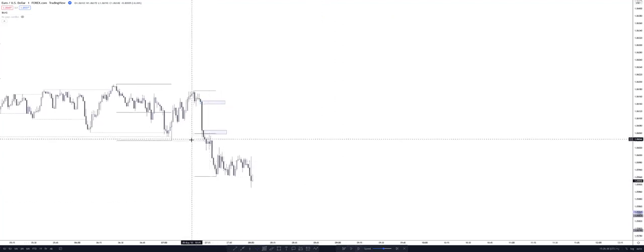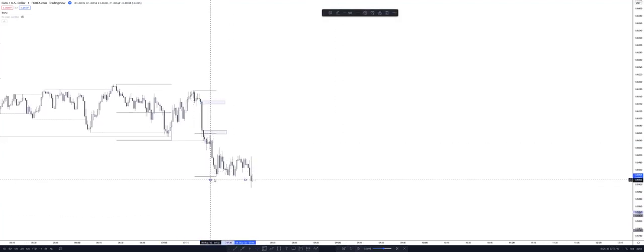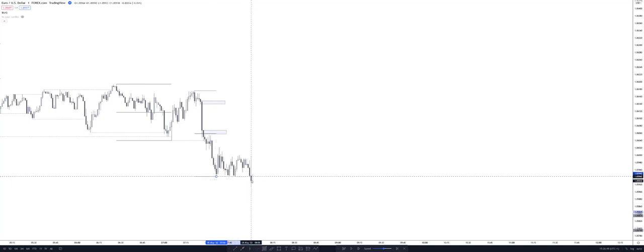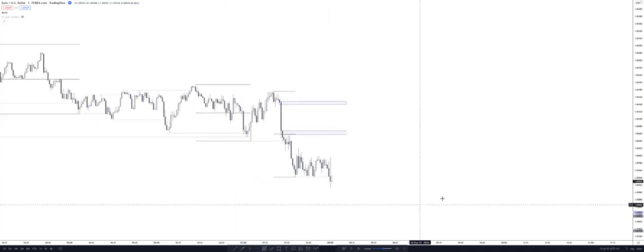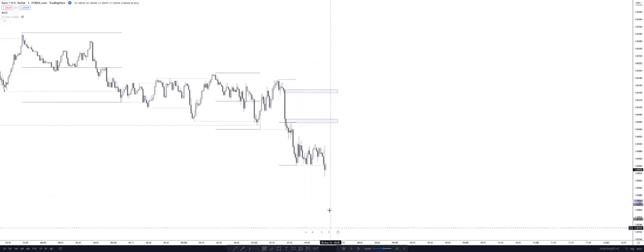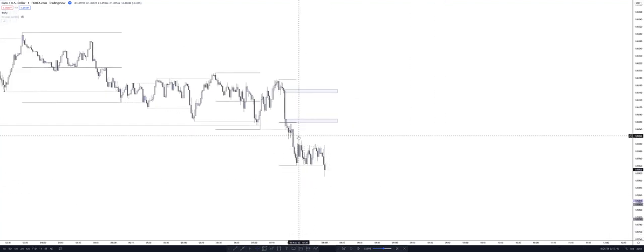And now what happened? Well, price broke down without mitigating the premium. Okay, so that means that what we've got is a minor high. This neither mitigated the premium nor did it mitigate a zone.